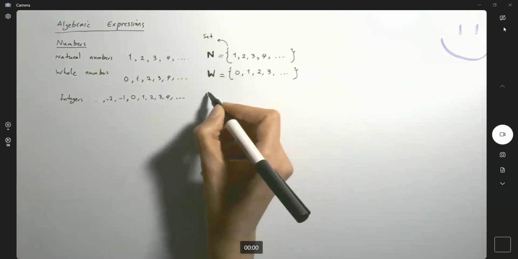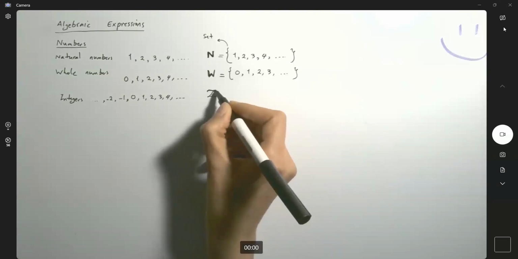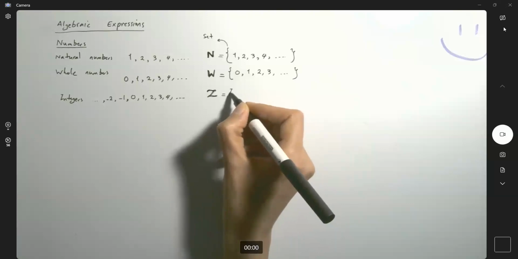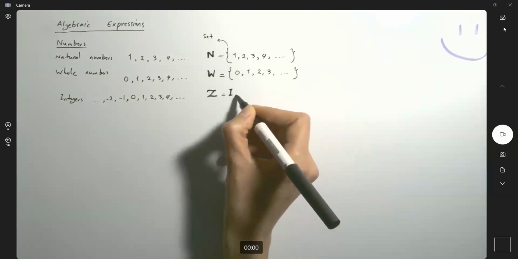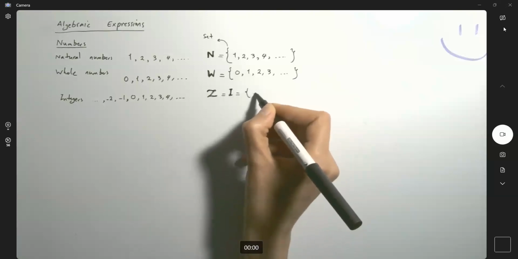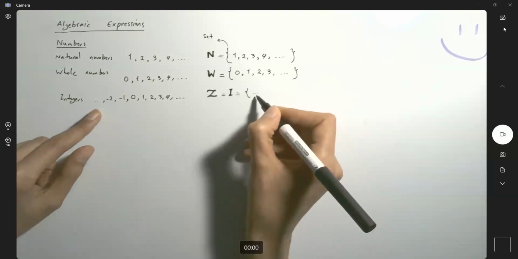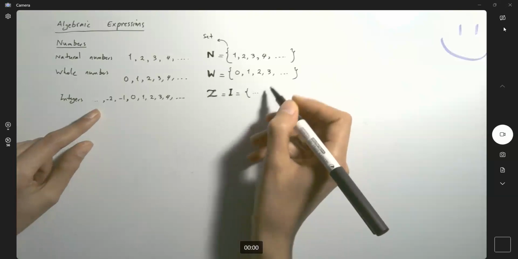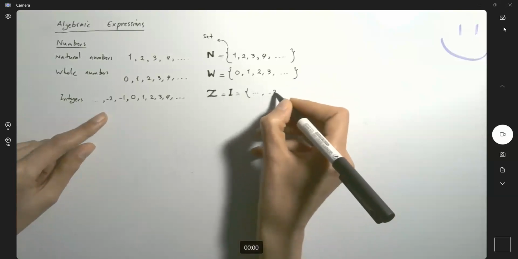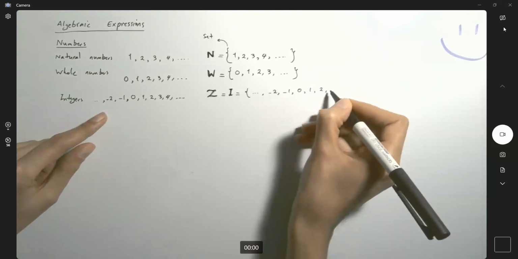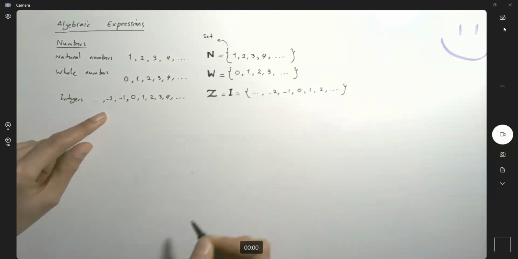We're going to denote this set by Z or I. Both of them represent integers. Since we don't have the smallest negative number, we're going to use some dots here. Then comma, -2, comma, -1, comma 0, comma 1, comma 2, and the rest of them.